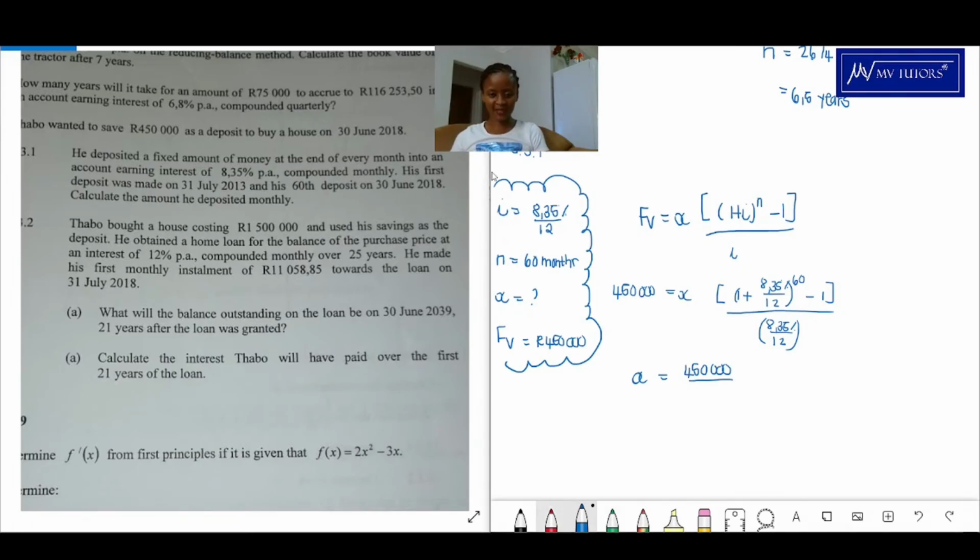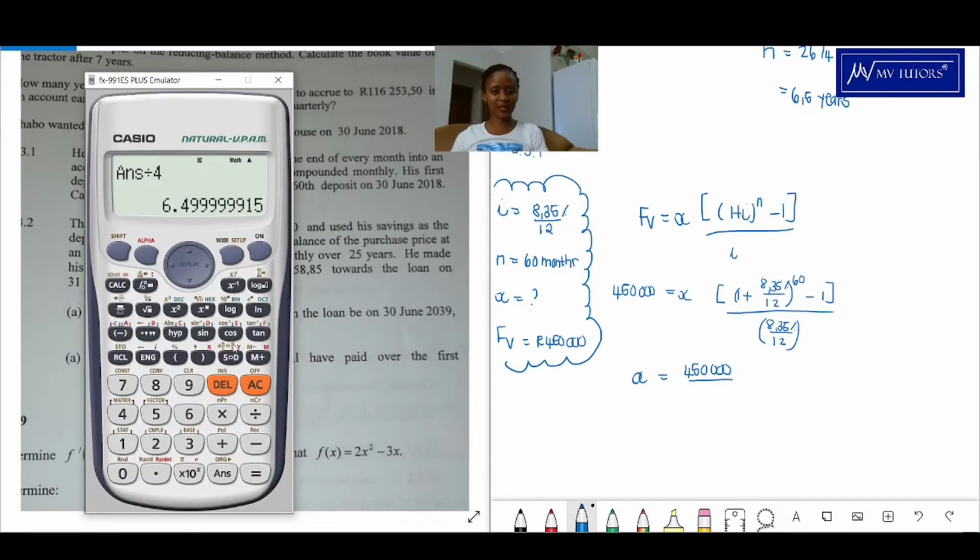Let me put all of that in the calculator so that we can just calculate it. So we have 1 plus 8.35% divided by 12, all to the power of 60, and then subtract 1, and close the bracket.